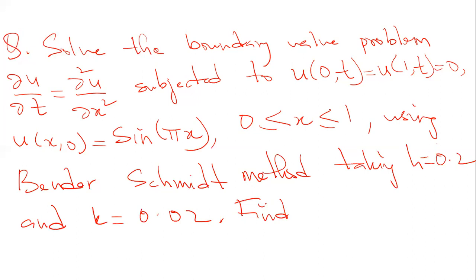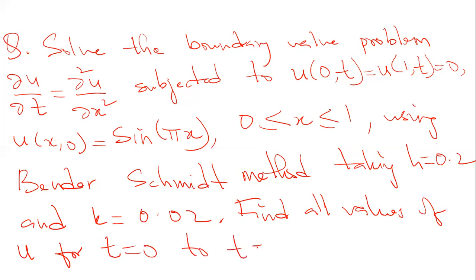Find all values of u for t equals 0 to t equals 0.06. Okay, so we are going to find all values of u for t equal to 0 to t equal to 0.06, and here the step size along the time axis is 0.02.